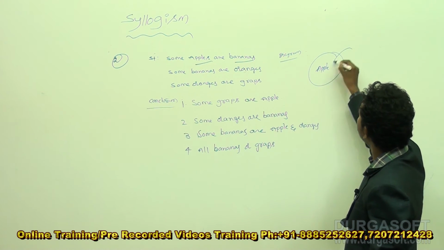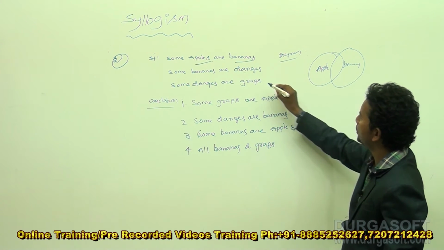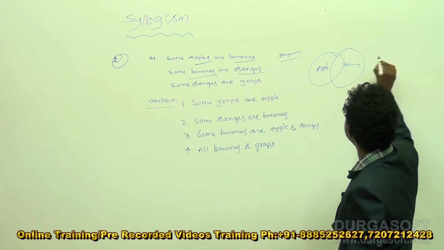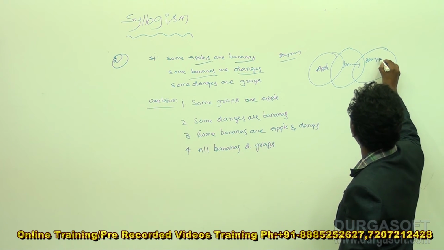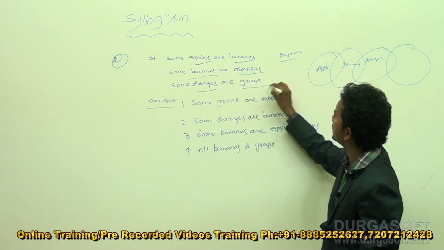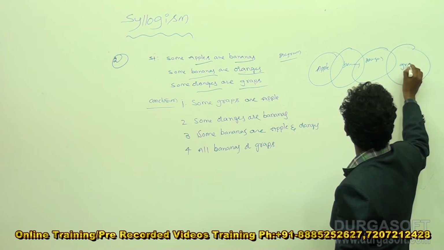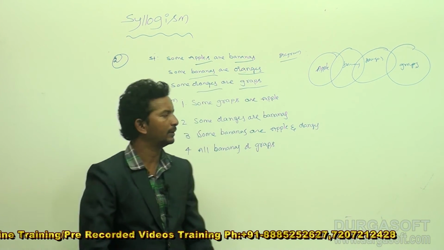Some apples are bananas, this is the banana. Here some bananas are oranges. Now again oranges are there, some oranges are grapes, this is the grapes diagram. Now this is my diagram.